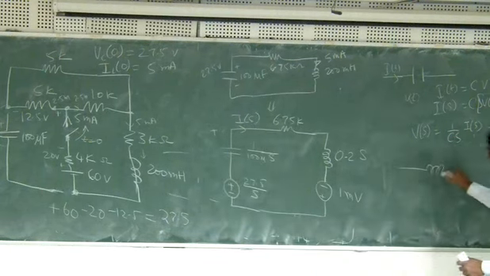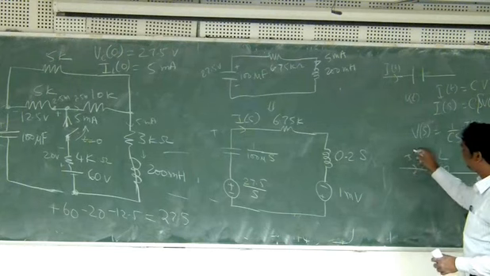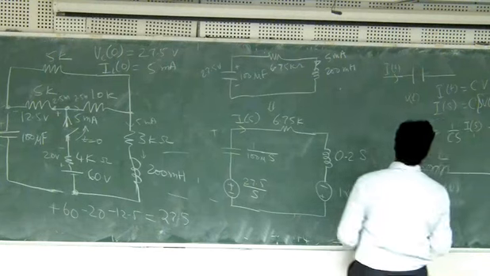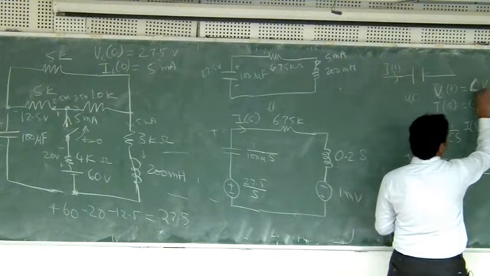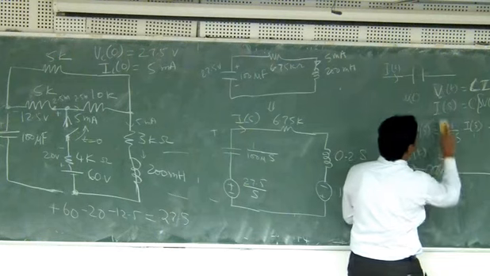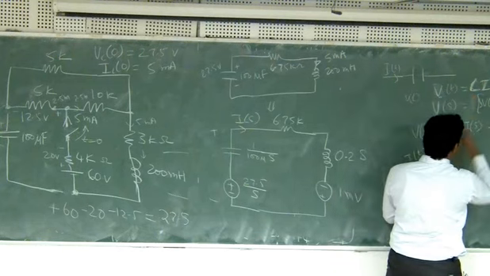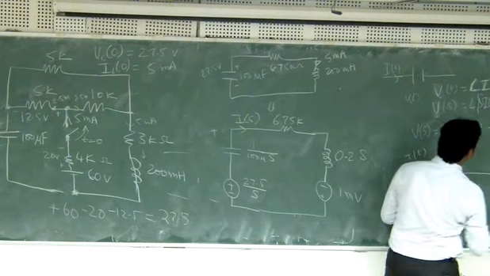I'll have to redo it. So this is L and this is I of t, this is V of t. Then I'll write V of t equal to L into I of t, then V of S equal to L into S, I of S minus I of 0.